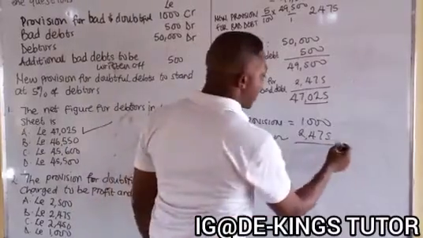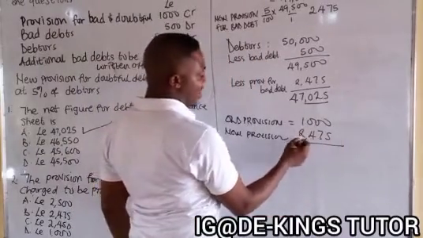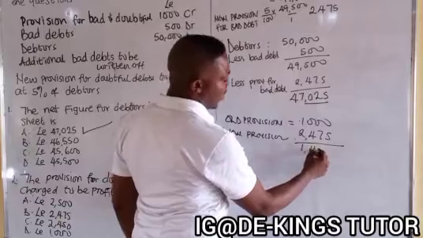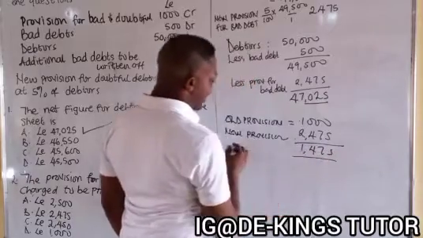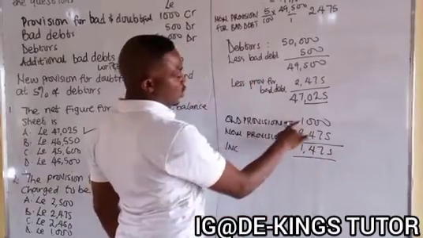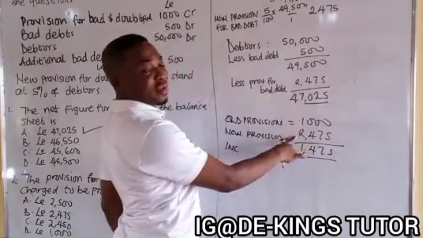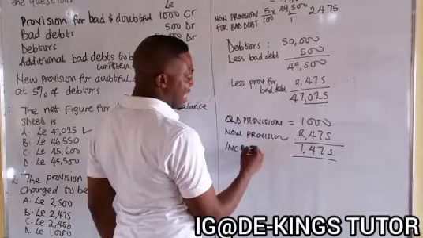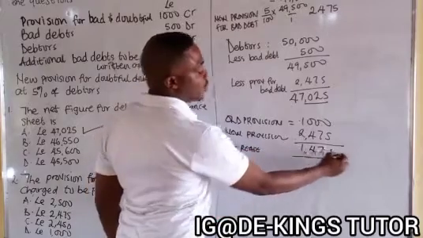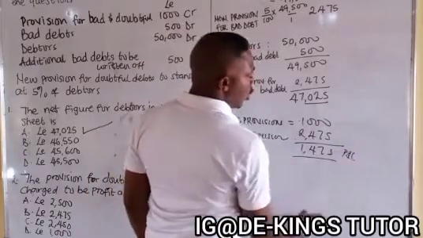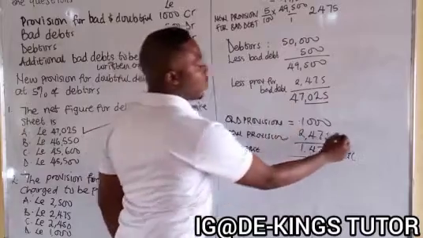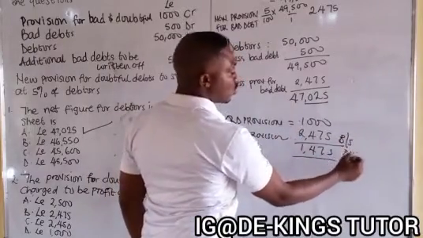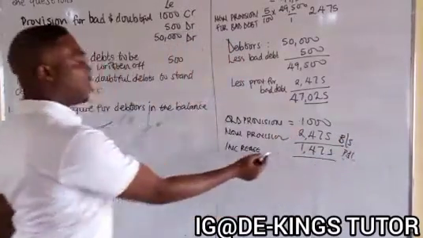So we get the difference, and this minus this will give us 1,475. It means this is an increase. The old was 1,000, the new is now 2,475. That means it increased by this value. So it means an increase, and this is what goes to profit or loss account, not this one. This one goes to balance sheet. This goes to profit and loss account, the difference 1,475.